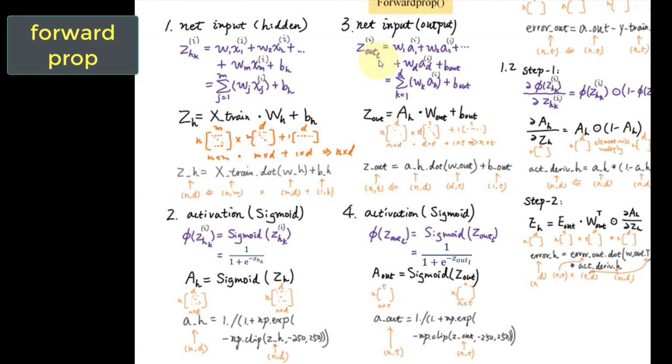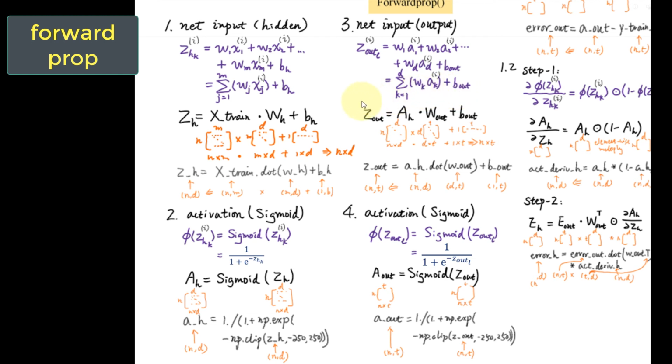The net input of the output unit is a linear combination of all the inputs, which would be the activated values of the hidden layer. I use A to refer to the phi value of the activation function because A is simpler to look at. A can go all the way up to D because there are D hidden units in the hidden layer. For each of those activated values, there is a weight value for this particular output unit, plus the bias term.